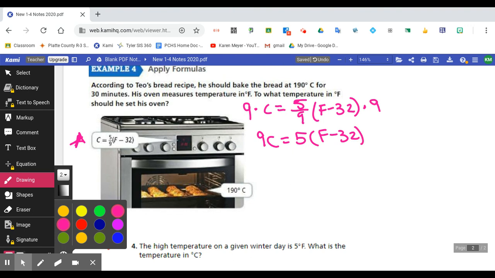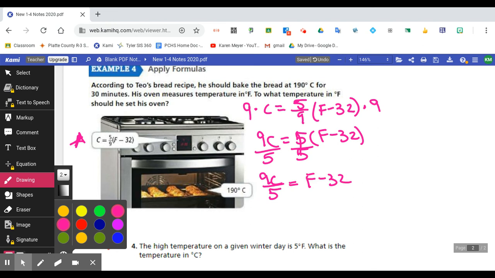We're not using distributive property with solving for indicated variable. So instead of trying to multiply the 5 through, I'm going to do the opposite. And the opposite of multiplying is to divide. So I got 9c over 5 equals f minus 32.